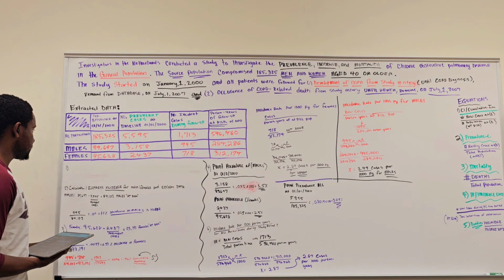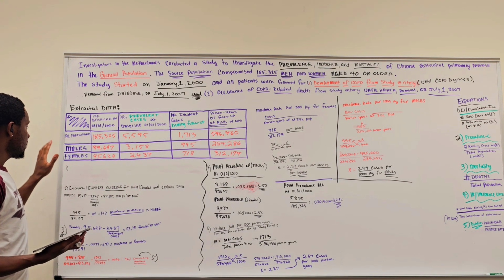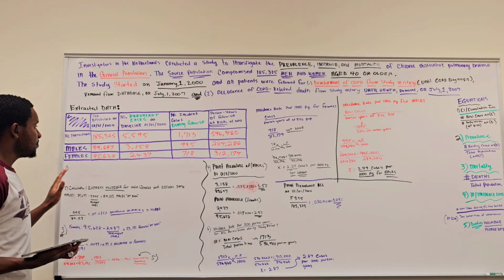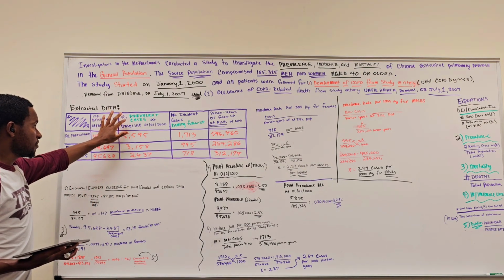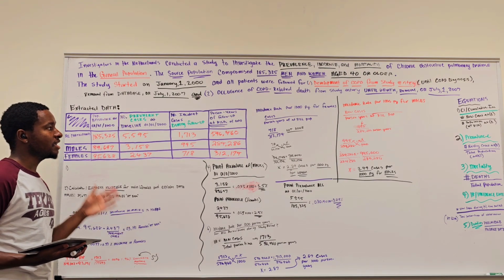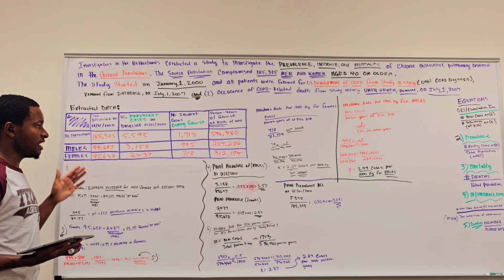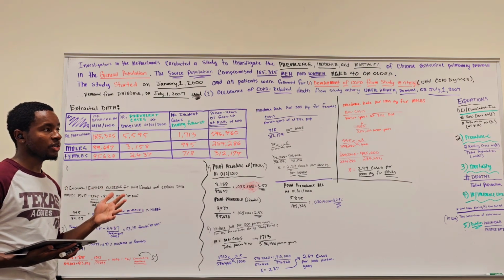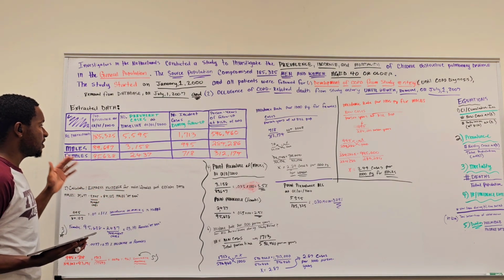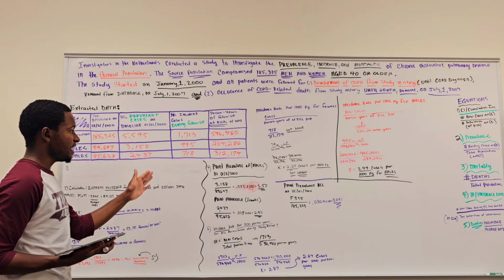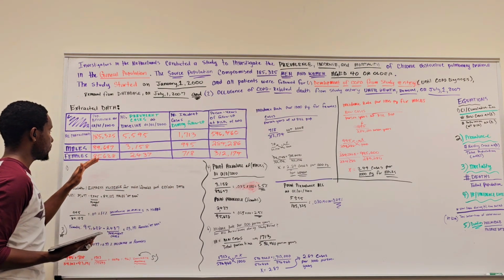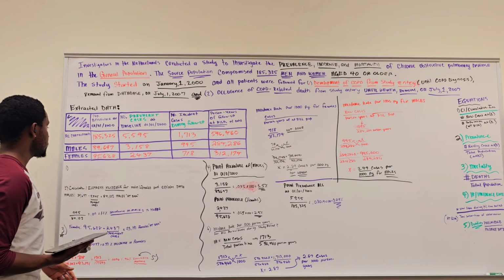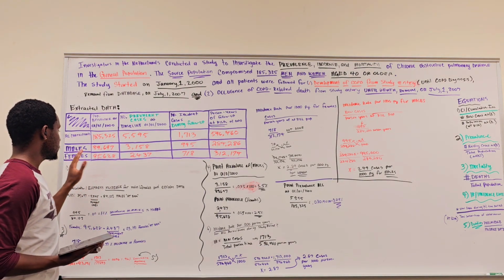For example, when you're calculating the population at risk, you have to be sure to remember to subtract the prevalent cases, because in this case of COPD, you can't include people who've already had a history of COPD or who currently have COPD into the numbers of people who got it over time. So they have to be subtracted from the people from the general population. So for example, I'll get to that later.